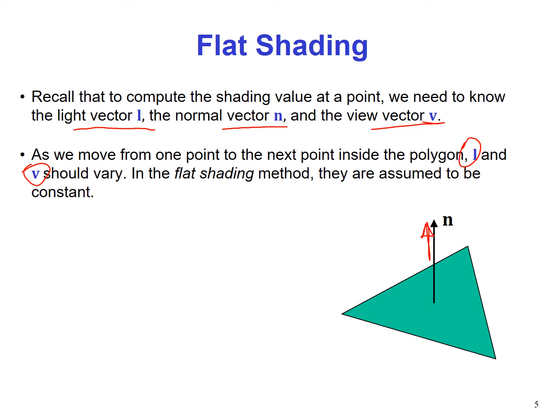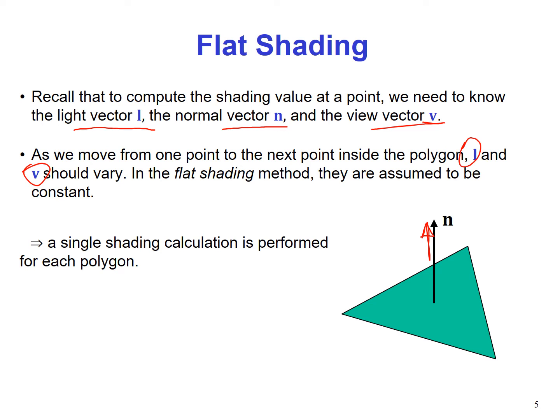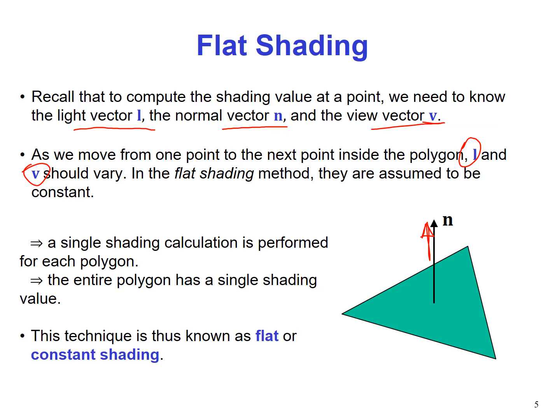In the flat shading model, they are assumed to be constant. A single shading calculation is performed for each polygon. The entire polygon will thus get a single shading value. This technique is thus known as the flat or the constant shading technique.